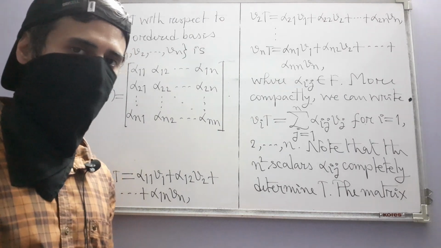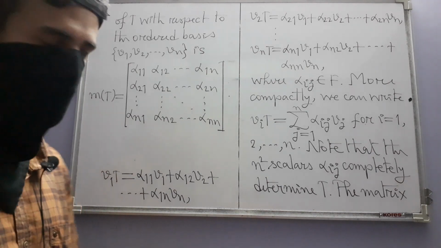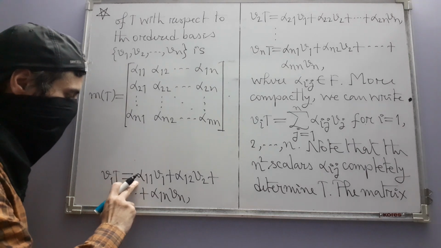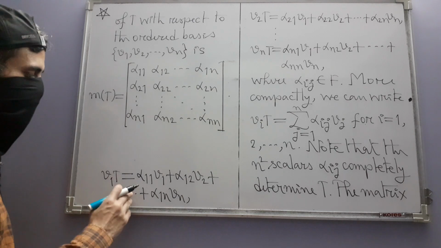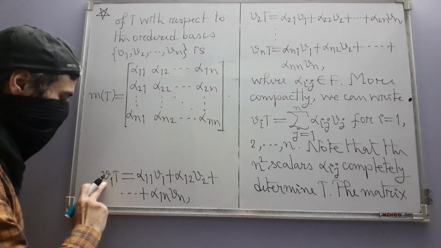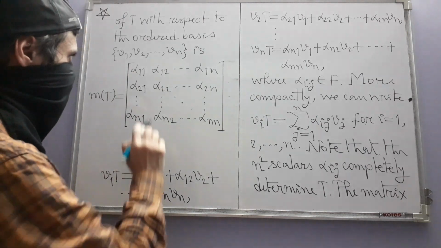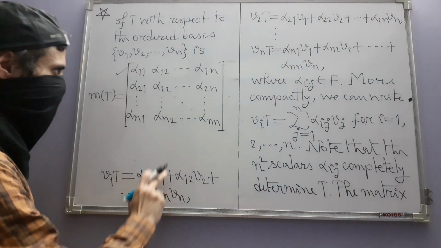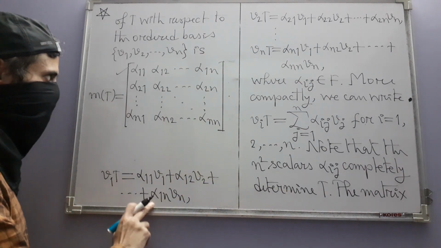Now let us see the pattern in which the entries have appeared, and that pattern is very easy. You see these equations. In the equations, you just see how the scalars are appearing. That is how they are also appearing in the matrix. For example, the equation for V1T is going to give you the first row, and the scalars will appear just like that, alpha 1 1, alpha 1 2 and so on up to alpha 1 n.